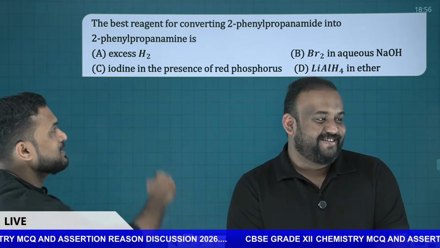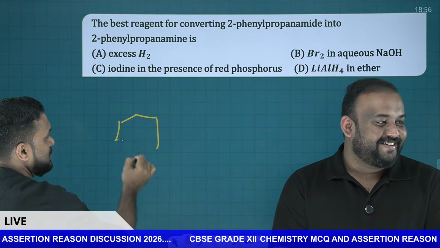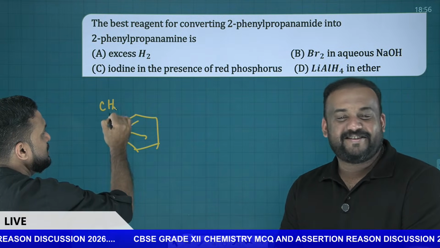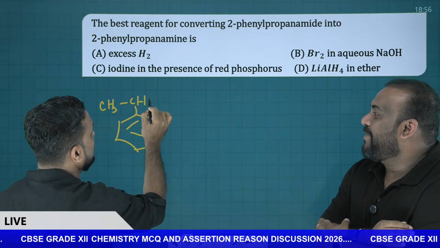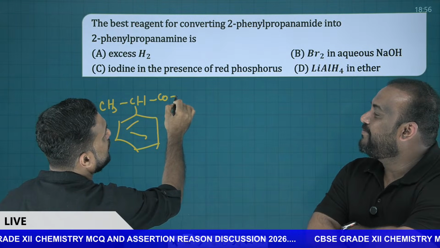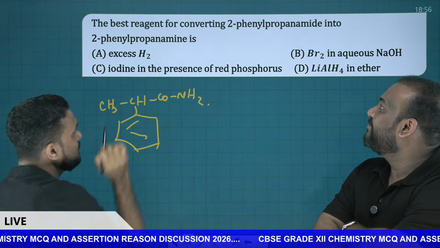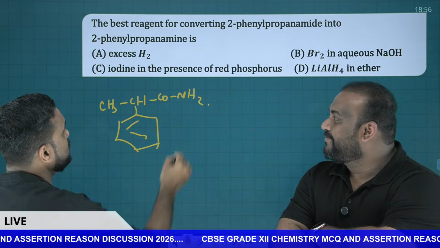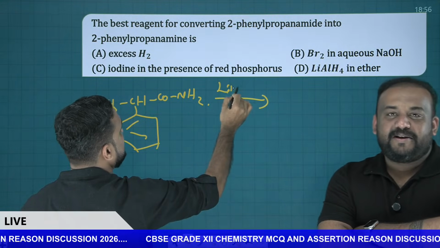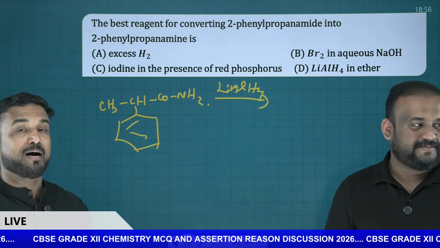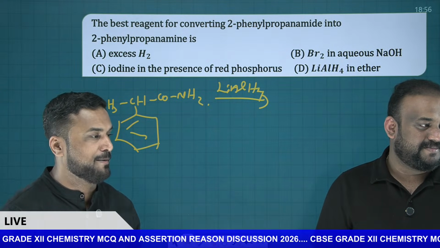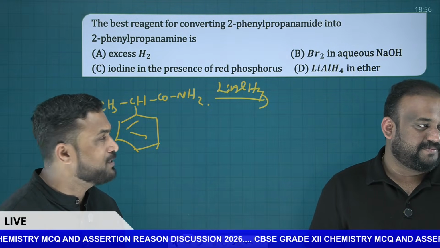Wherever they ask this, you can write it like this: 2-phenyl means CH3, then CH, then NH2 for propanamine, from propanamide. Then you can use lithium aluminium hydride, one of the best reducing agents, the best reagent for converting amide to the corresponding amine. Keep in mind, the carbon number did not reduce.